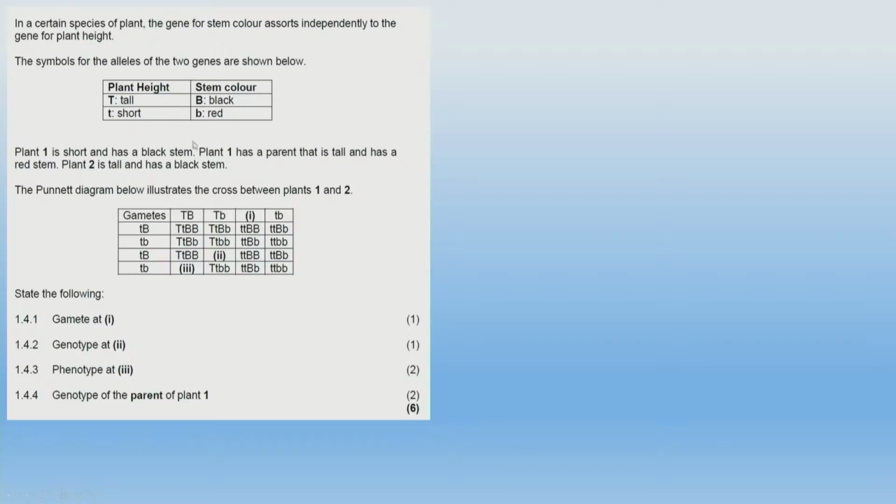So if you can emphasize that on the learners, we always write the capital letters first and we group them in this specific order, T and B, and that is the order of allocating the different alleles. Very careful reading when they have a diagram like that, so that they can identify the dominant and the recessive alleles, phenotypes, etc.